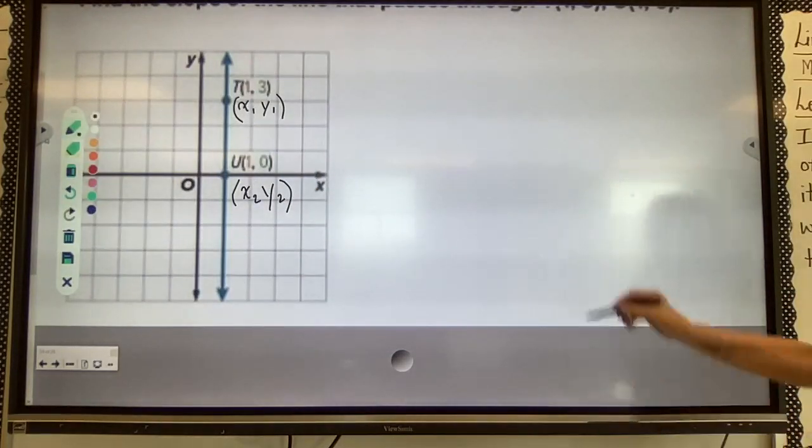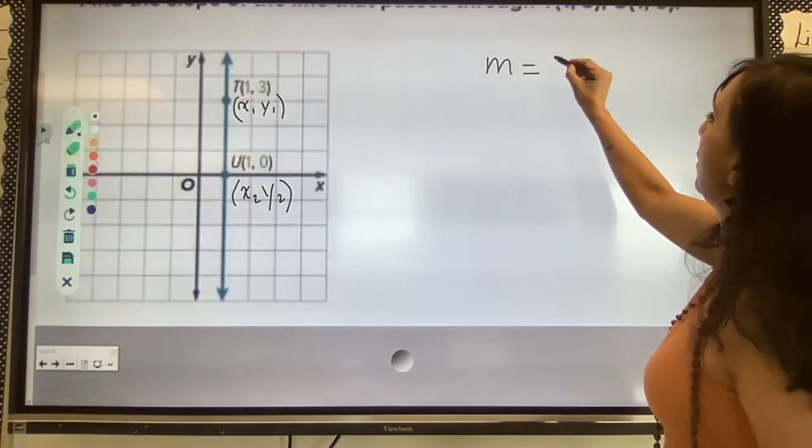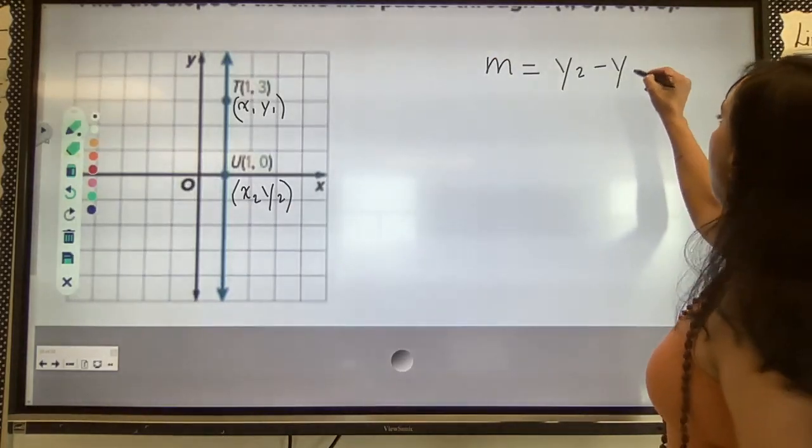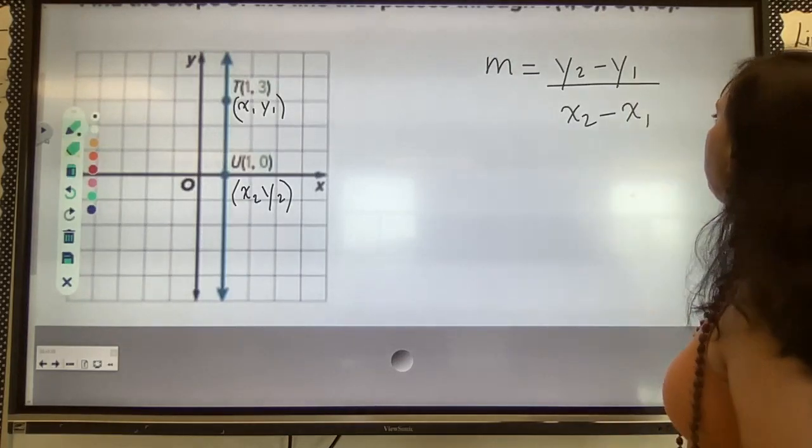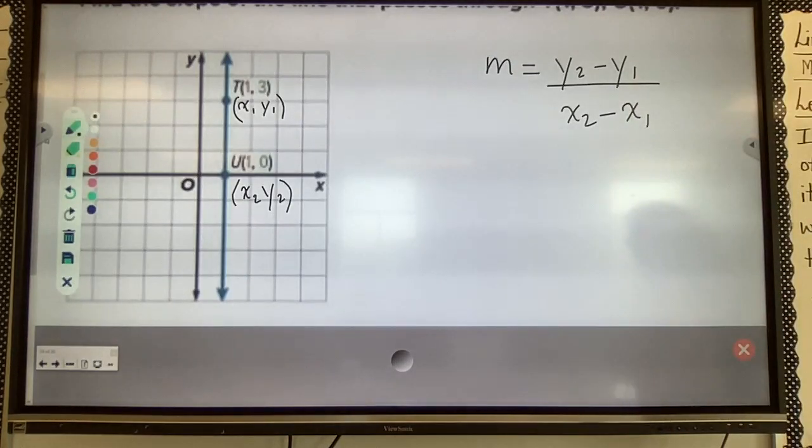Okay, so again, what is the slope? y2 minus y1 over x2 minus x1. What is y2 minus y1?